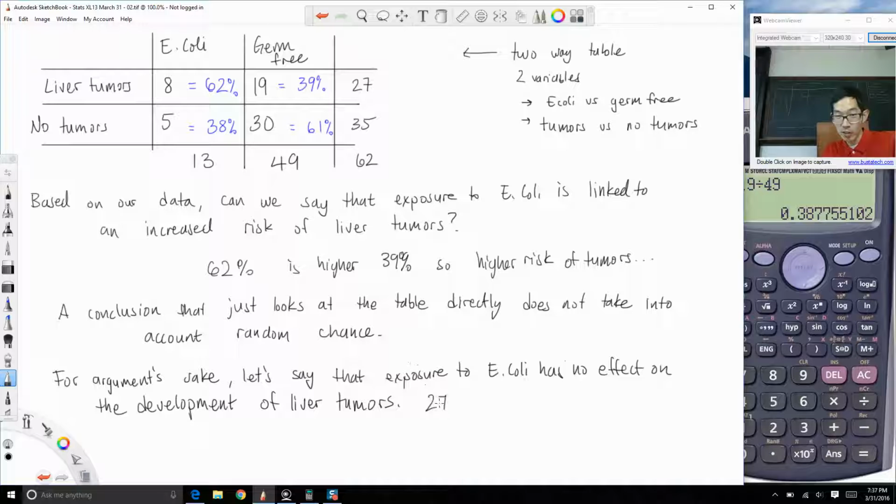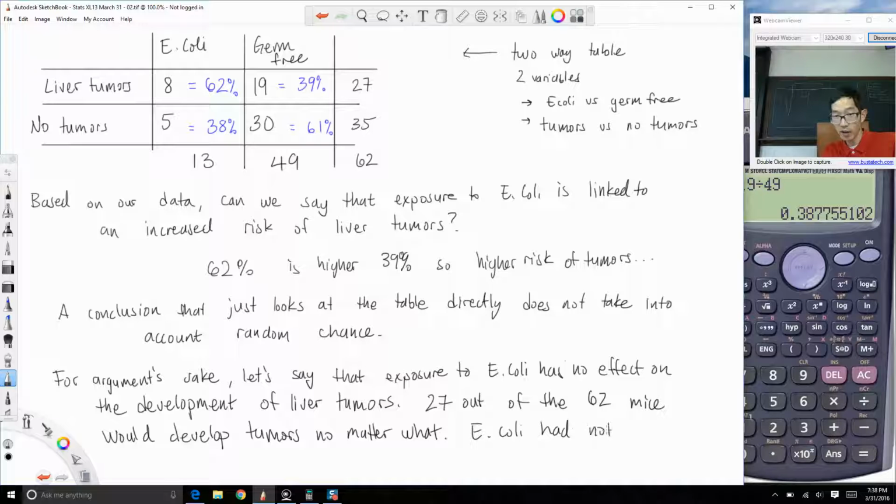So 27 out of the 62 develop tumors no matter what. Okay, E. coli had nothing to do with it. Okay, can you buy this so far?